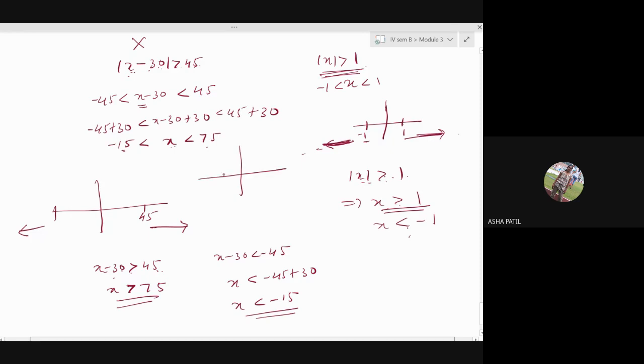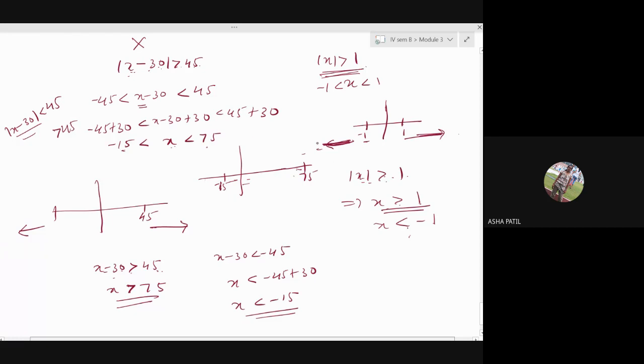See here, it is minus 15 to 75. I have taken less than here, right? If you take mod of x minus 30 less than 45, you go for values between minus 15 and 75. So if mod of x minus 30 is greater than 45, you have to go for the remaining values apart from this.